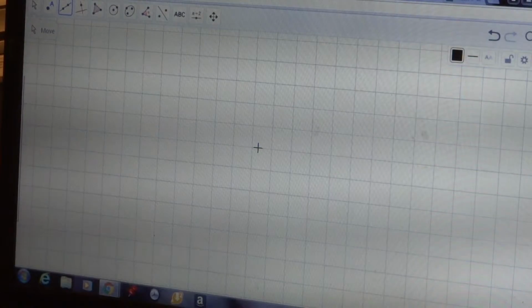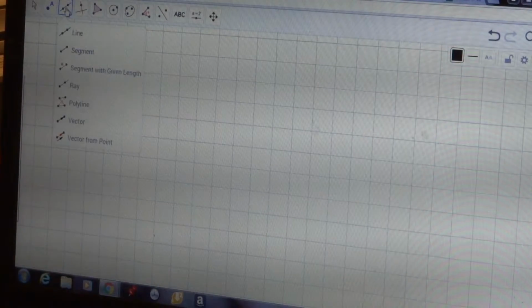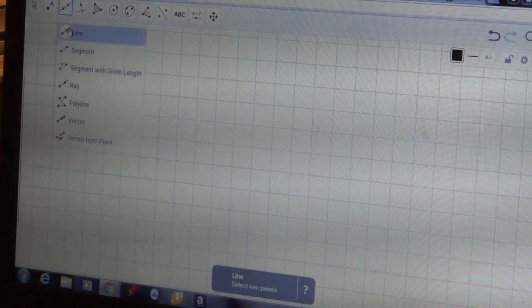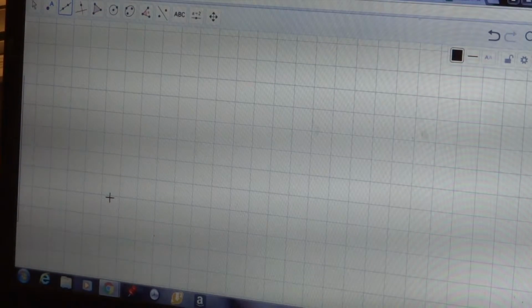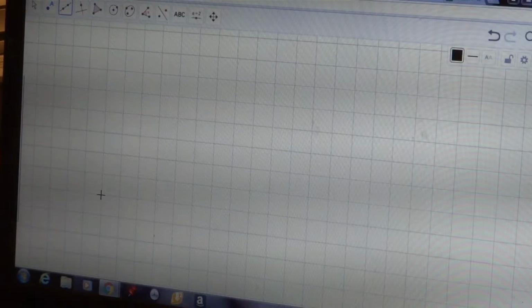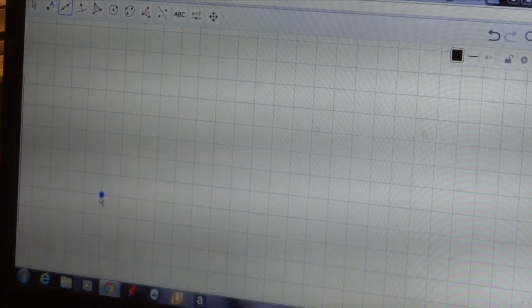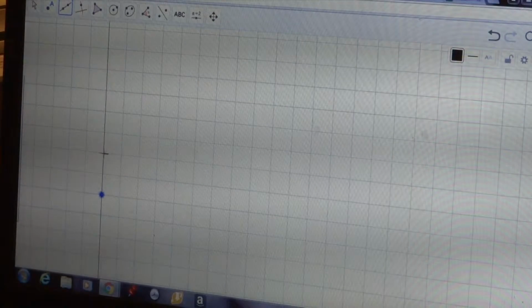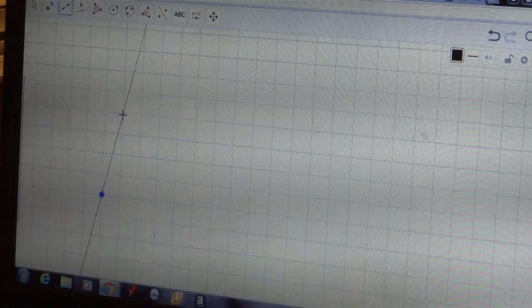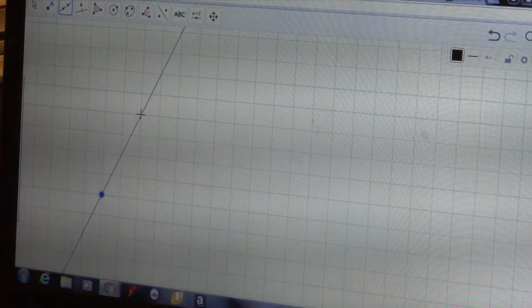If I take a screen on GeoGebra that does not have an axis on it, so this is just basic grid lines, and I draw a line, and I decide that I want the line to go, let's say, from that random point and go up 2 over 1.